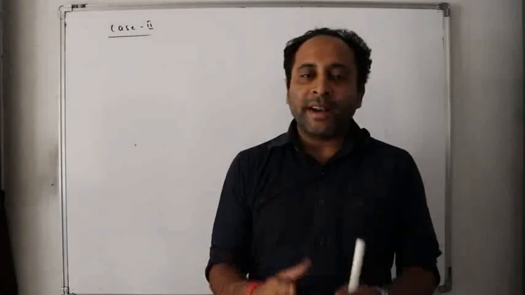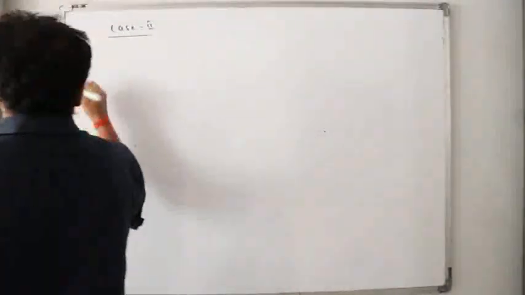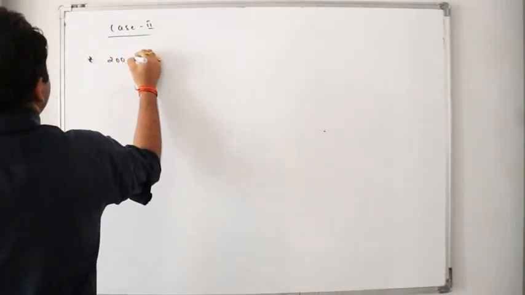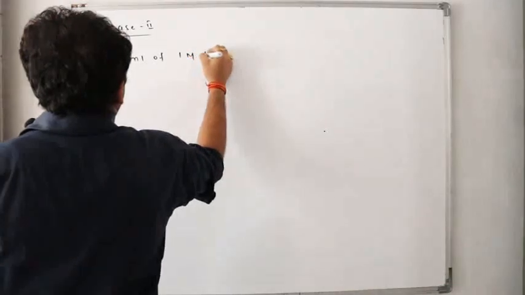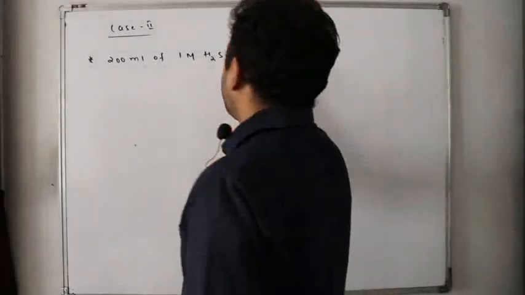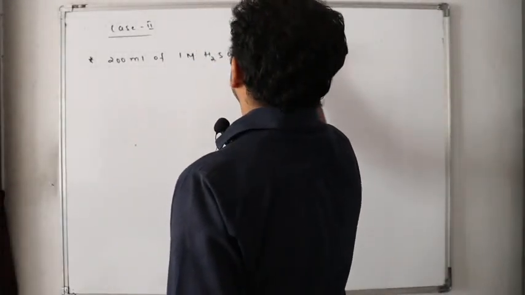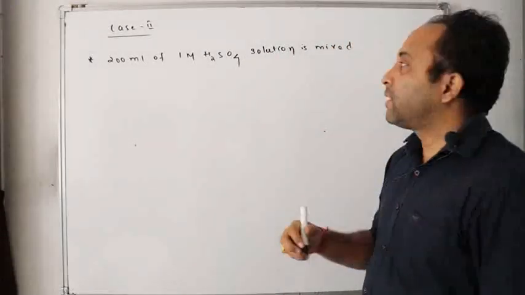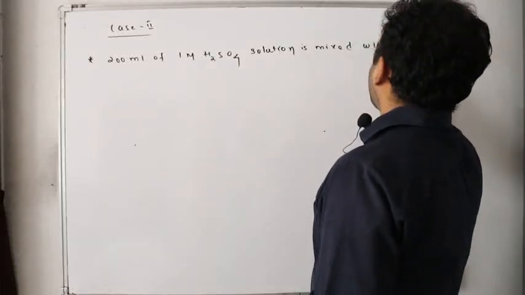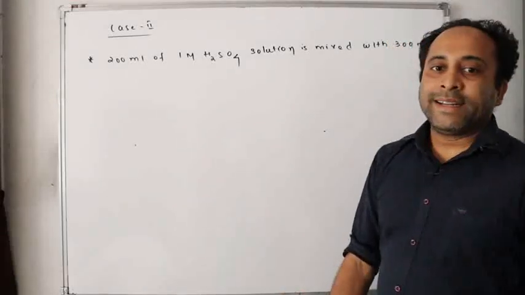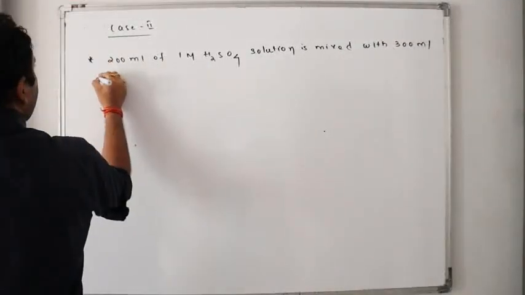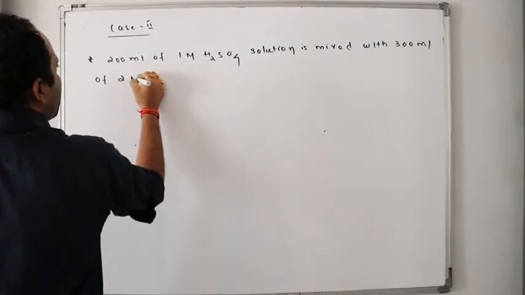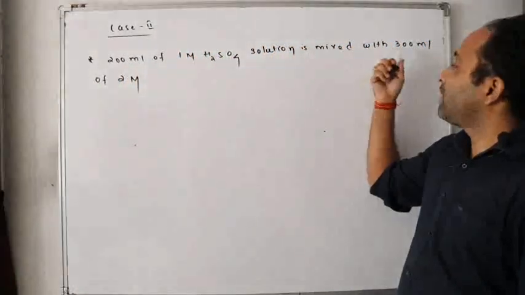What is the question? 200 ml of 1 molar H2SO4 solution is mixed with 300 ml of 2 molar H2SO4 solution.